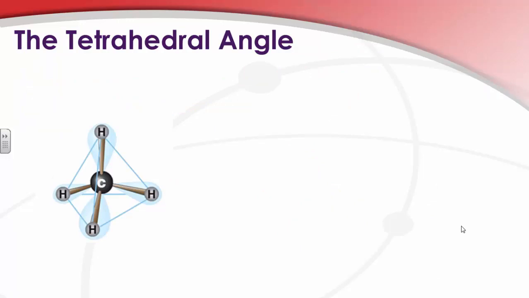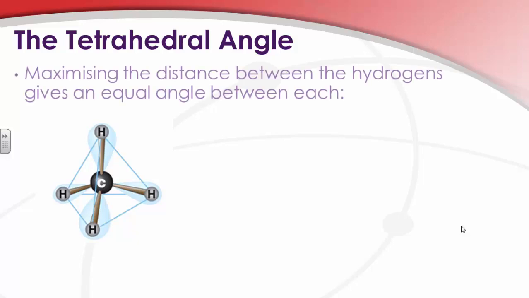When we form 4 different bonds with carbon, we wind up with a situation where the substituents that bond to the carbon want to move as far apart as possible. They repel each other. And in order to maximize the distance between 4 components, what we wind up with is a very special angle called the tetrahedral angle.